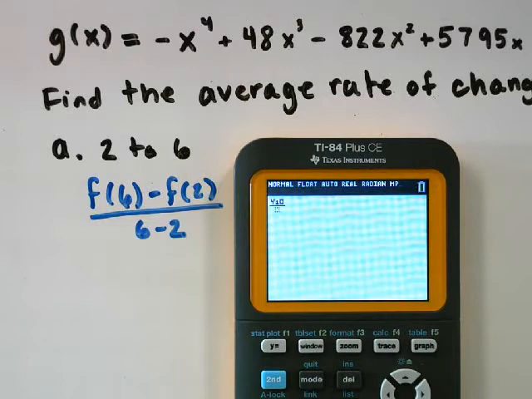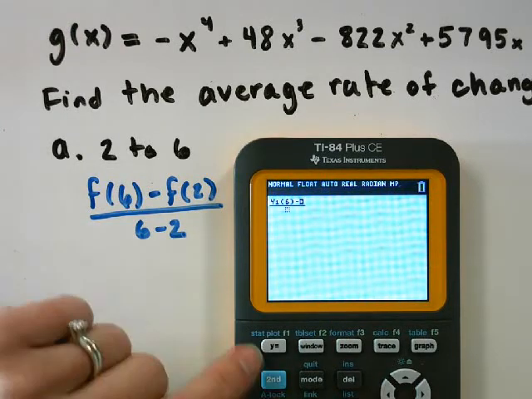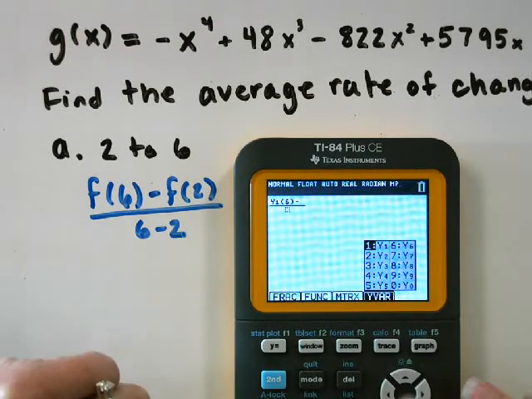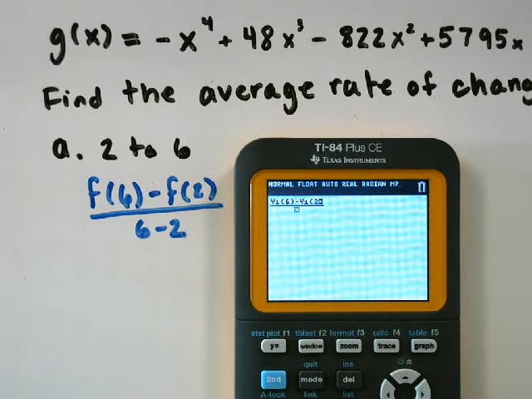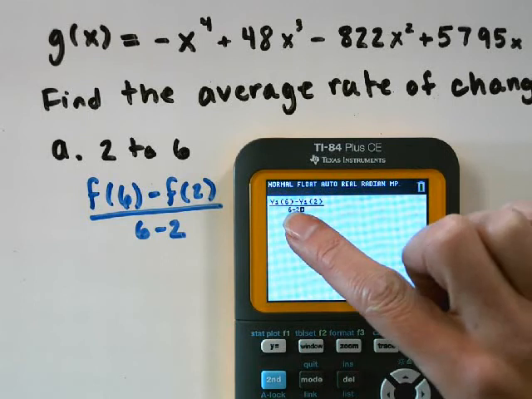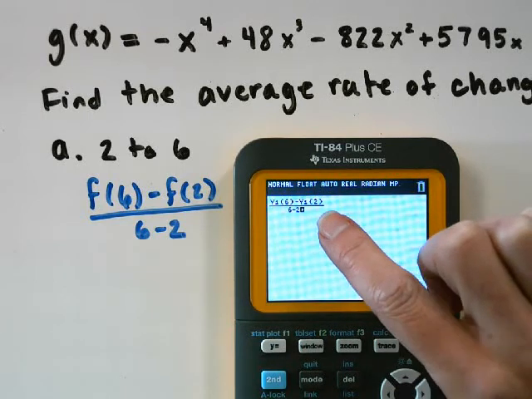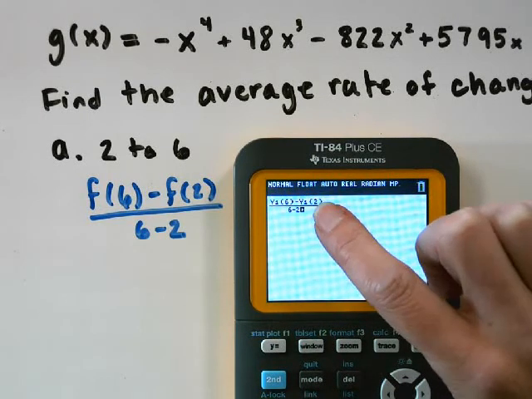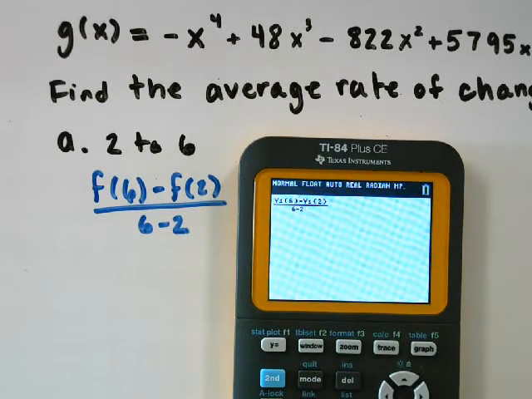So I'm going to select y1, then I'm going to do an open parentheses 6 close parentheses minus y1 at 2. What this will do is evaluate the function at 6 minus the equation at 2 without having to type all of that in every time. So we get 1,395.